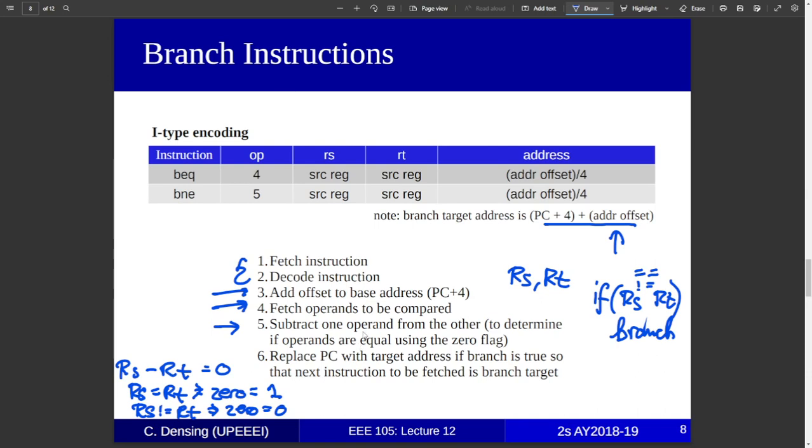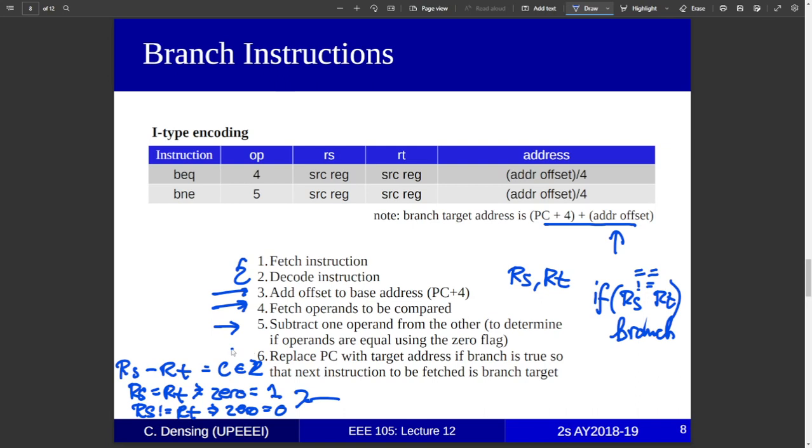Because RS is not equal to RT, so RS minus RT would be some integer, say C in G. So the zero flag would be 0, and this zero flag is what we use to determine whether or not we're actually going to write a thing into the PC.